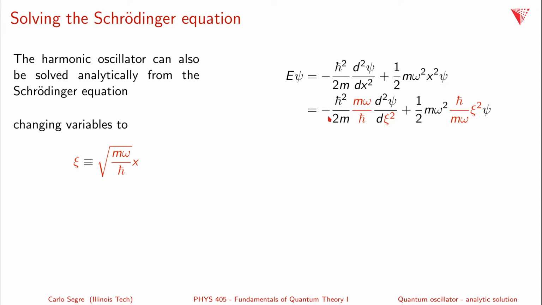If we factor out minus h bar omega over 2, we get this. Minus h bar omega over 2 on the outside. Then we have the quantity d squared psi dxi squared minus xi squared psi.